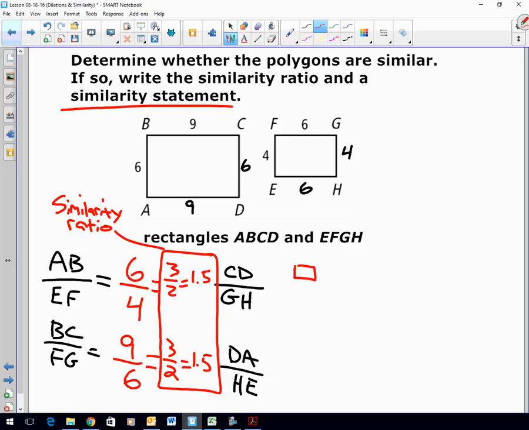Rectangle ABCD is similar to, that squiggly thing means similar, rectangle EFGH.